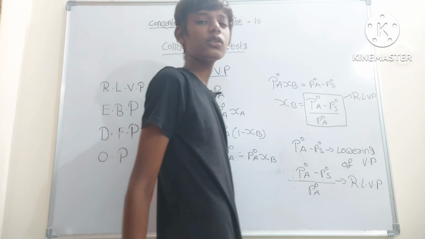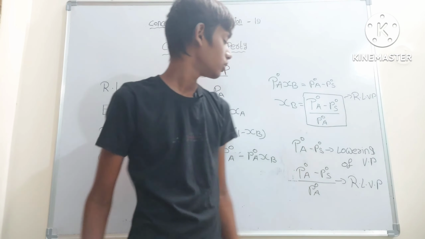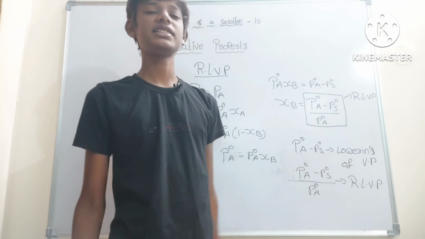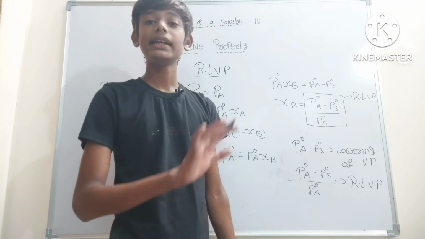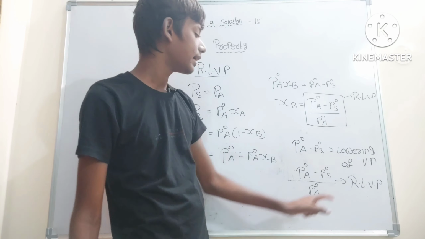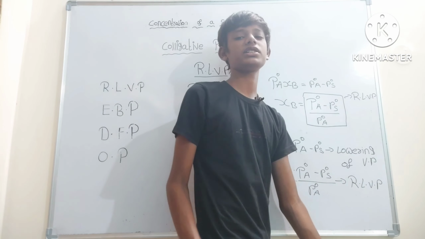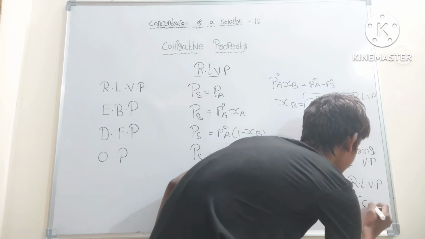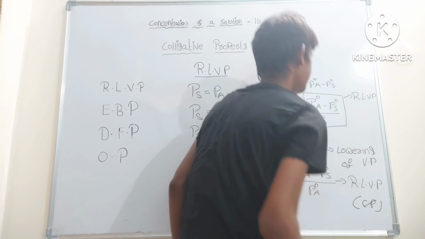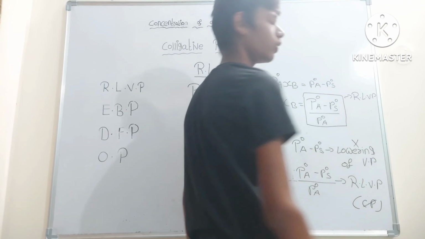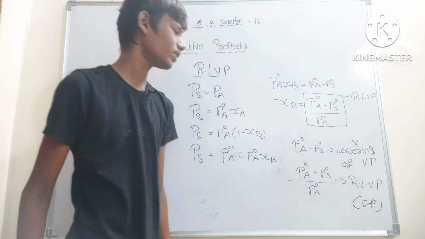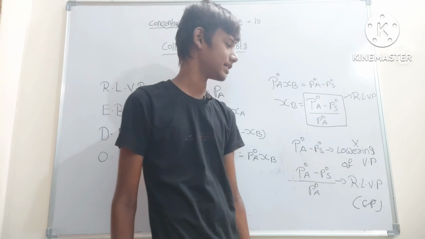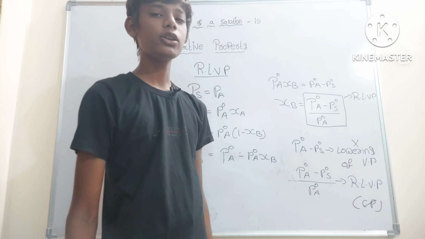They ask a similar question to confuse you in the exam. Lowering of vapor pressure is not a colligative property. Relative lowering in vapor pressure is a colligative property. They also ask like this: which is a colligative property?